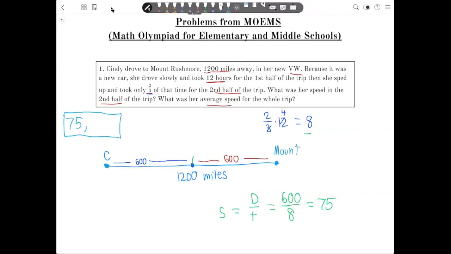It's just going to be 1,200, because that's the total distance that you'll travel, of course. It literally says in the problem, 1,200 miles away. So 1,200 miles, that's the total distance, 600 plus 600. Now, what is the total time?